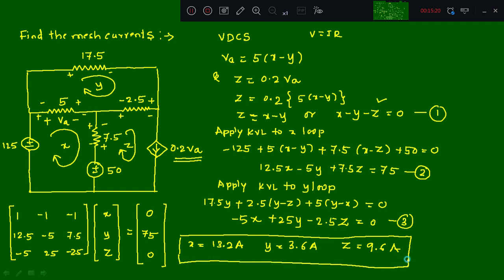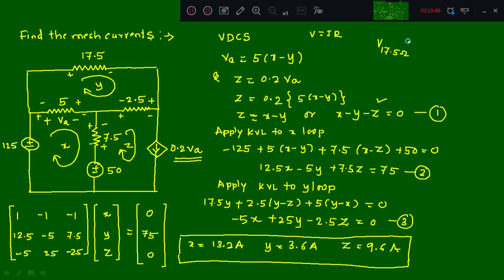The same numerical can be extended in many ways. After finding the mesh currents, they may ask what is the voltage across the 17.5 ohm resistor, right? What is the voltage drop across some particular resistor, they may ask.